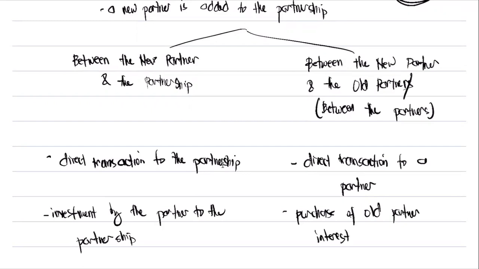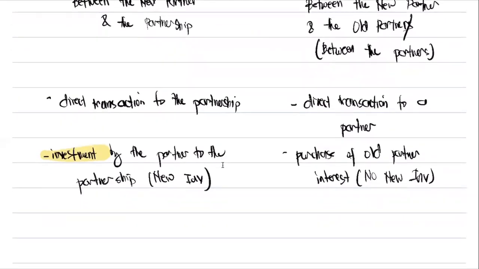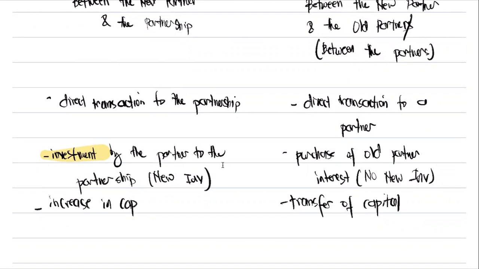Look at the difference. This one is an investment, meaning the total capital will increase because there's a new investment. So it is considered as a new investment. Here, in purchase of old partner interest, there is no new investment. It is only considered as a transfer of capital. Okay? While here, it is treated as an increase in capital.